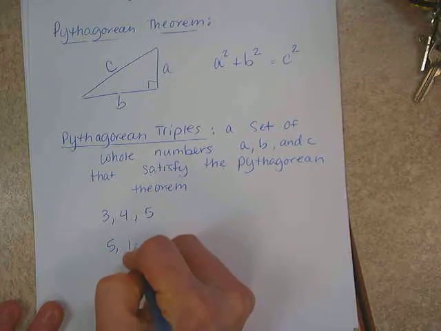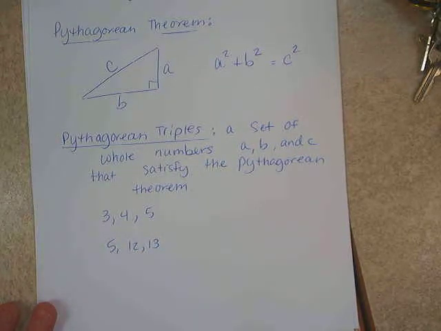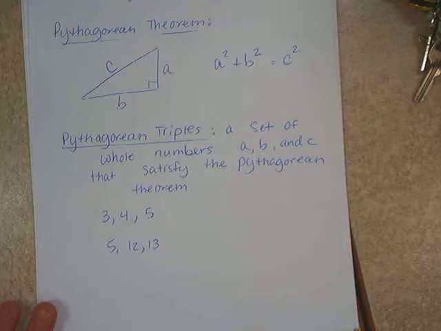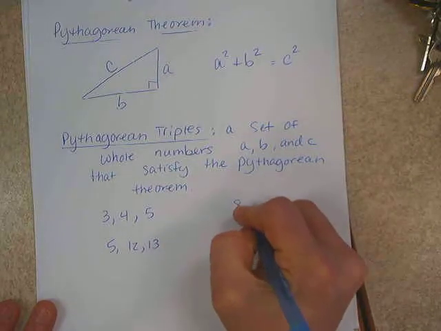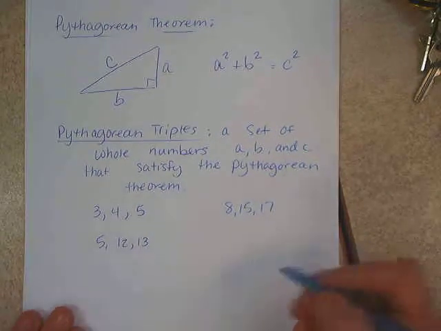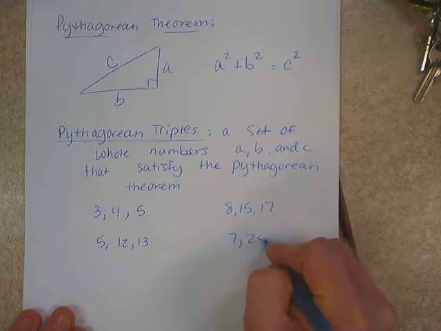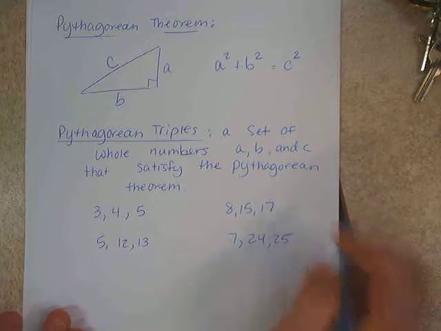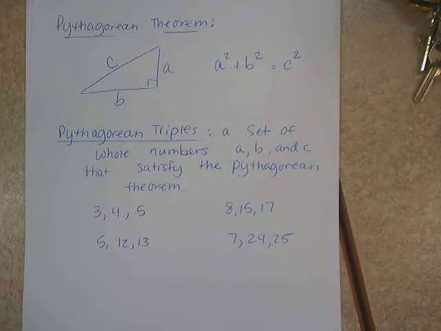A couple other triples would be 5, 12, and 13; 8, 15, and 17; 7, 24, and 25.